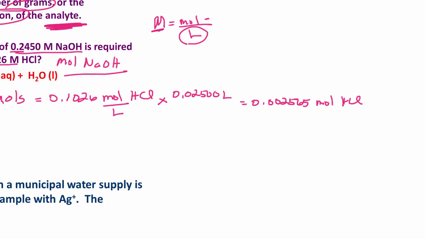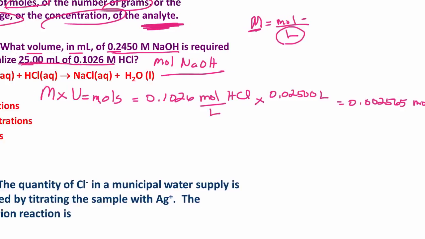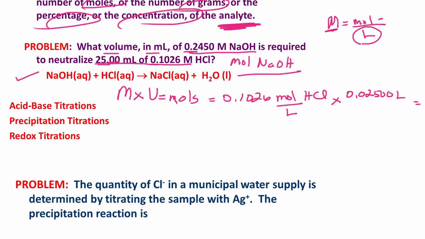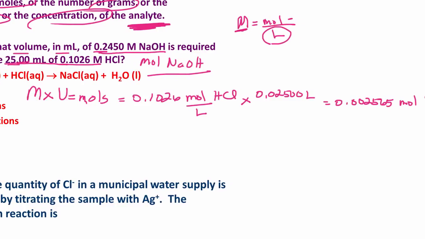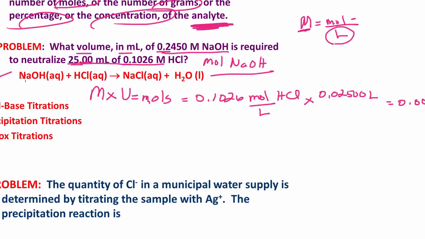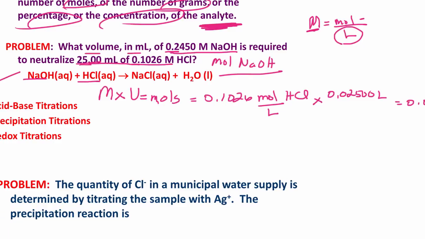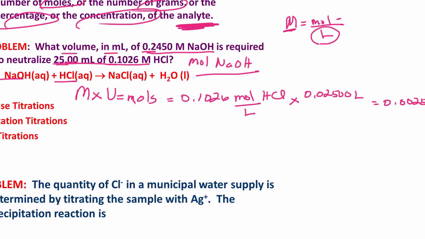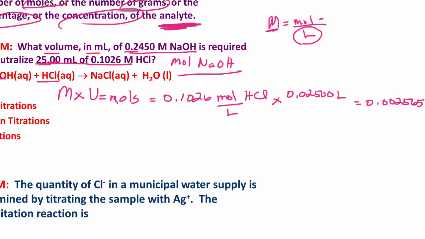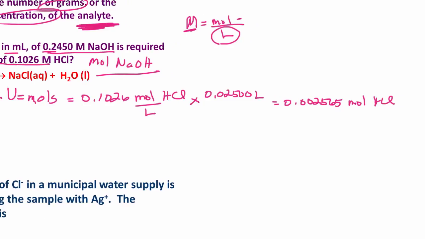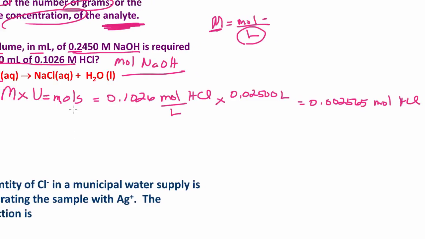Now, from our stoichiometric coefficients, we know at the equivalence point that 1 mole of sodium hydroxide reacts with 1 mole of hydrochloric acid. So let's determine the moles of sodium hydroxide that is needed to react.